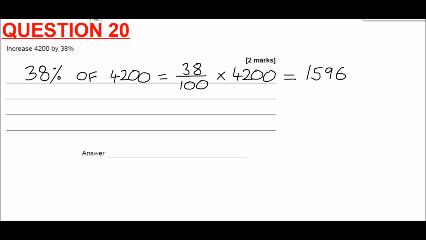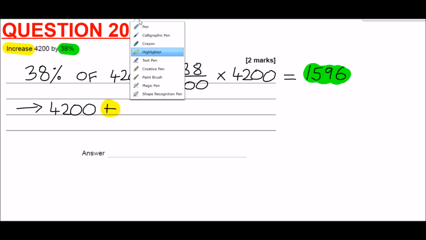But the question isn't actually asking us for 38% of 4,200. What it's asking us for is to increase the amount by 38%. We've worked out what 38% of it is, which is 1,596. Increase means the amount's going to get bigger. So we're going to add on 38% to the original amount. Increase means add on.